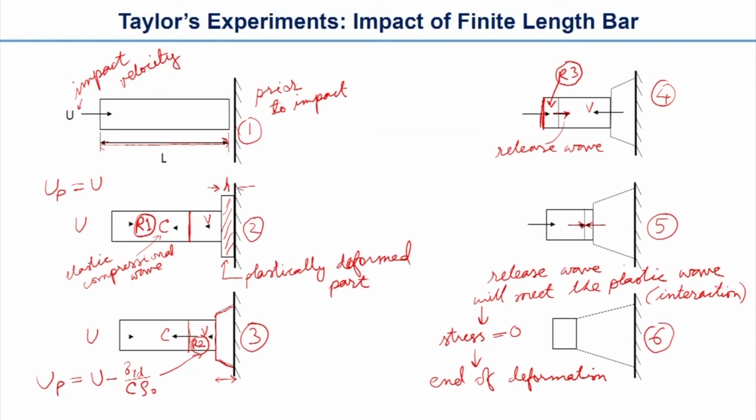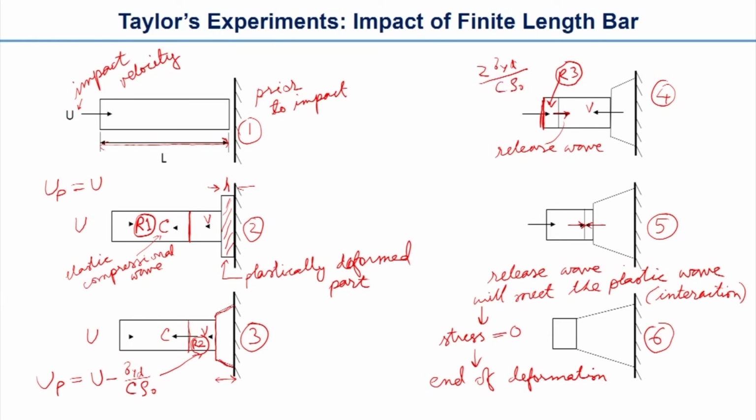And in region 3, what will happen is the particle at the free surface will actually have twice the velocity that we have derived for the elastic wave profile. Because that wave reflects back from the back surface, the particle velocity for the elastic wave will be twice of sigma yd divided by c rho naught.